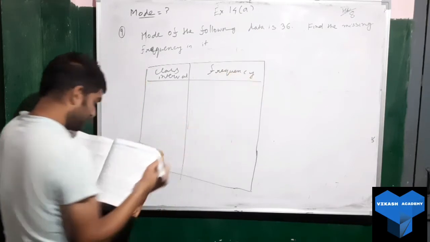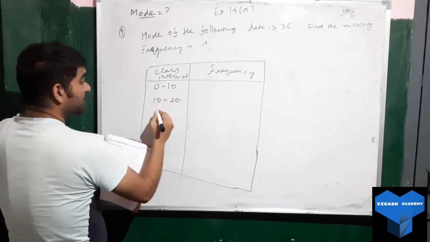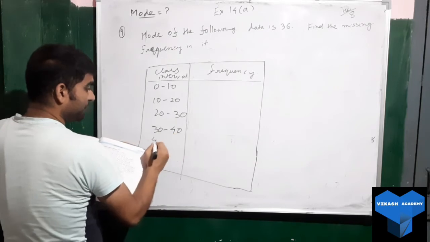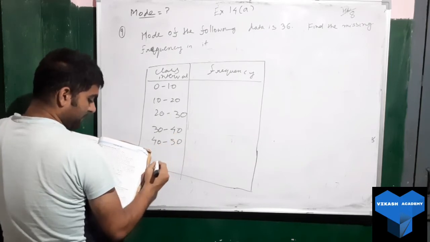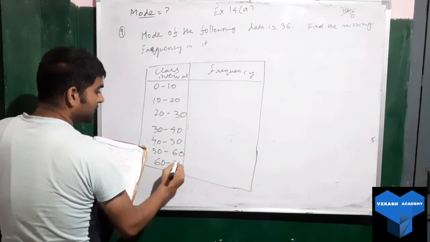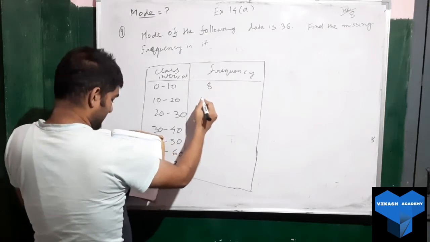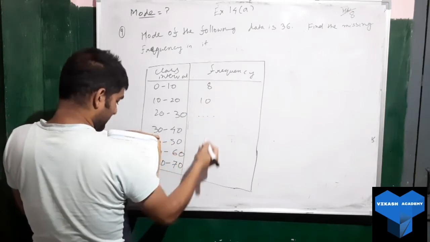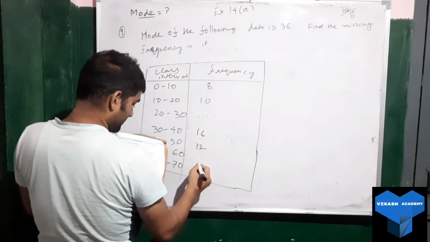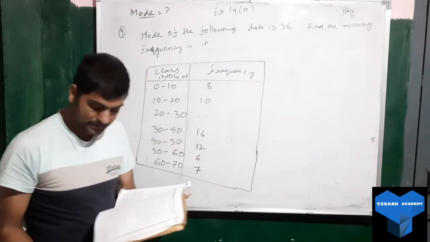First one we have 0 to 10, 10 to 20, 20 to 30, 30 to 40, 40 to 50, then 50 to 60 and 60 to 70. So this is the class interval. Frequency here given 8, given 10, here blank, 16, 12, 6, 7.